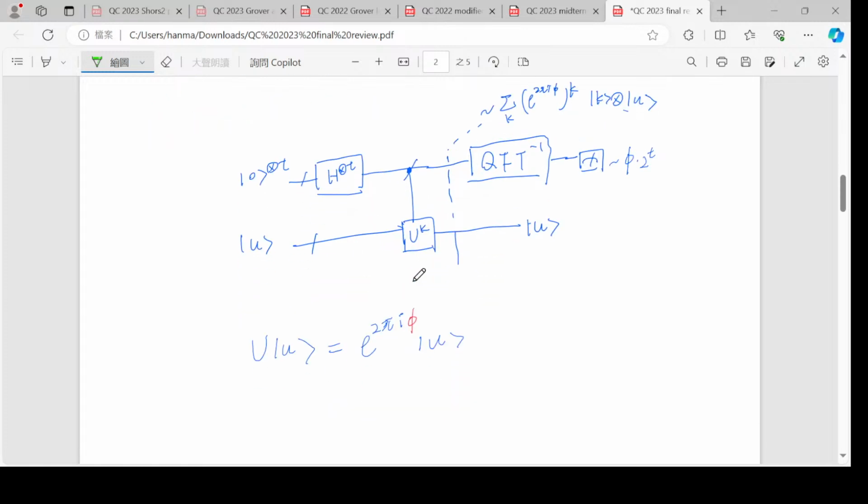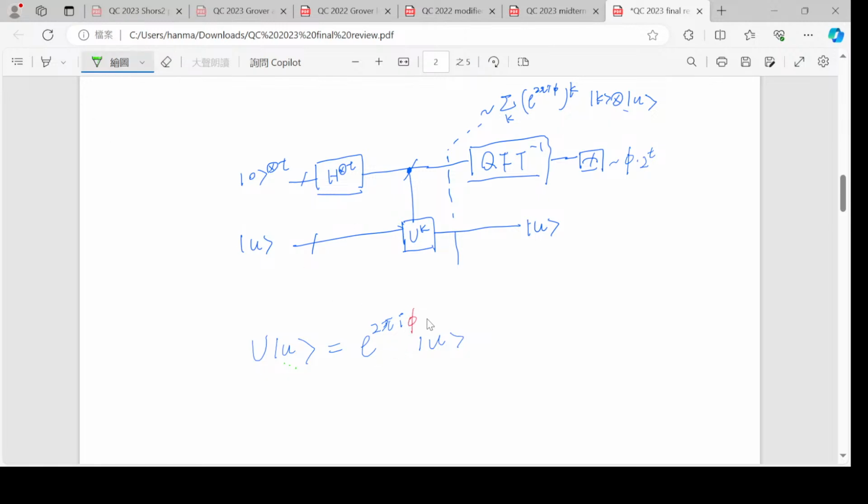It solves this quantum question where you have this quantum gate U, and you are given some eigenstate of U, this small u. So small u is an eigenstate of big U with eigenvalue e to the 2 pi i phi. The eigenvalue must be in this form, e to the 2 pi i phi, because U is unitary. And we want to find this phi.